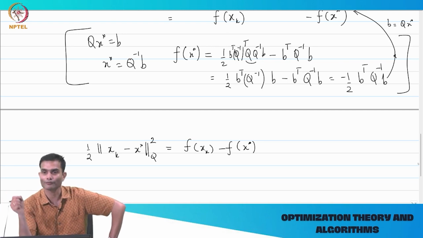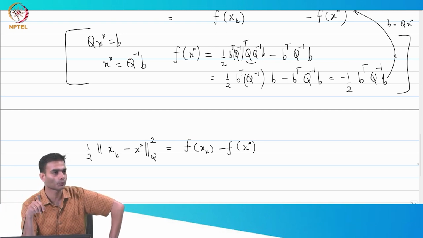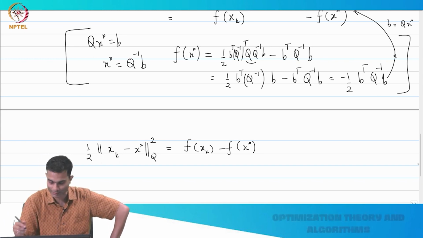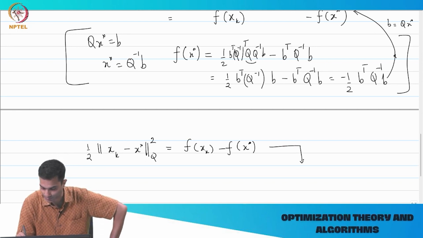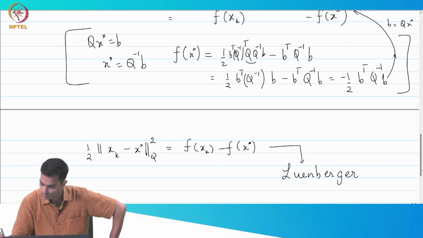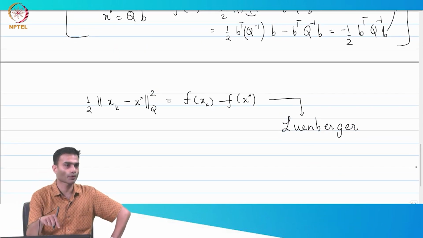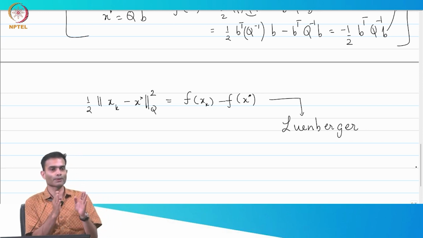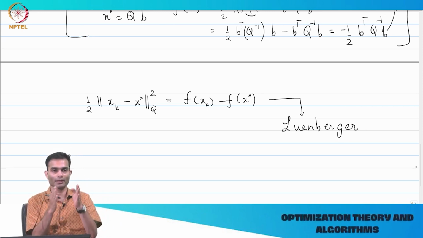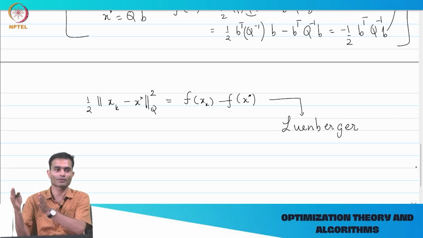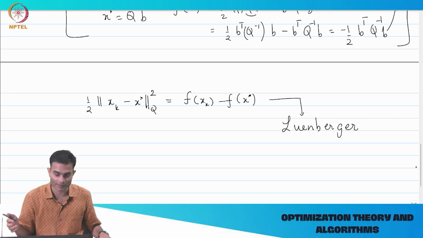Now, unfortunately, at this point, the proof is equal to pulling a rabbit out of the hat. There's a lot of hard work done by another scientist. So we're going to write his name over here. It's Luenberger, who takes it from this point. So I've related the distance between the iterate and the convergent point to the difference of function values. So that's a great simplification.